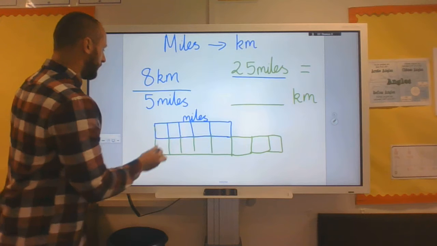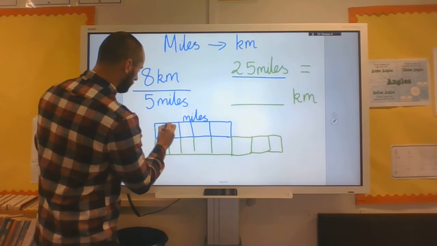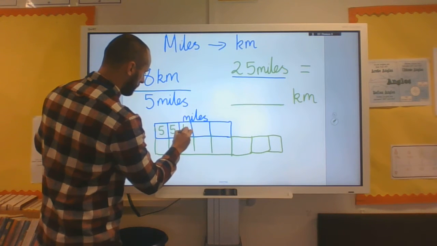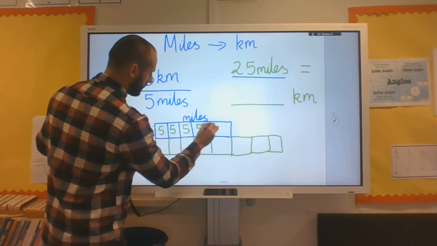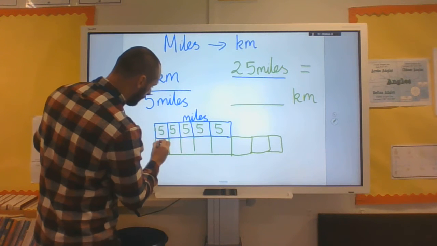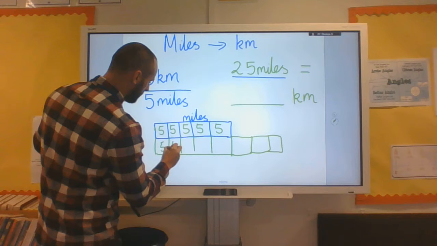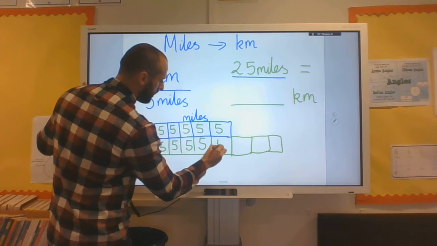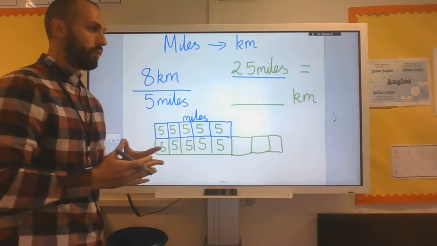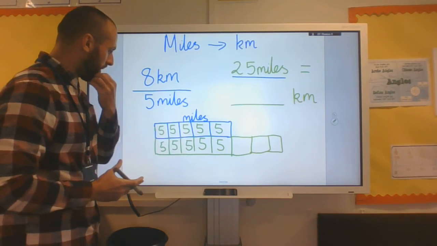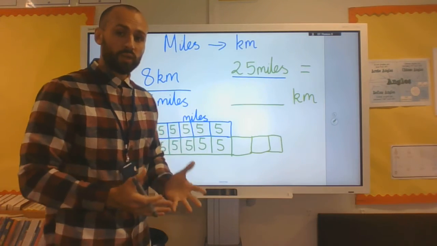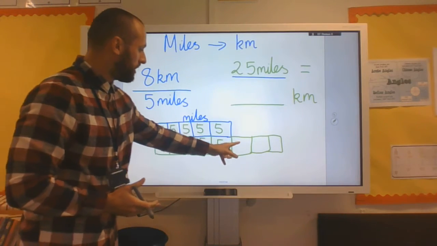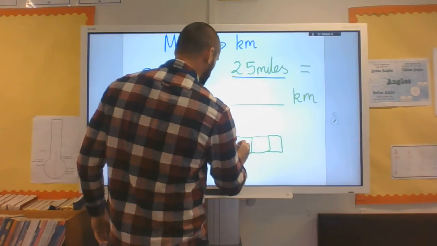Well, 25 divided by 5 gave us 5 there. So we can confidently say these obviously will be 5 here. And remember, when you're dealing with fractions of amounts, they're equal parts. So I can confidently say that these also will be worth 5.